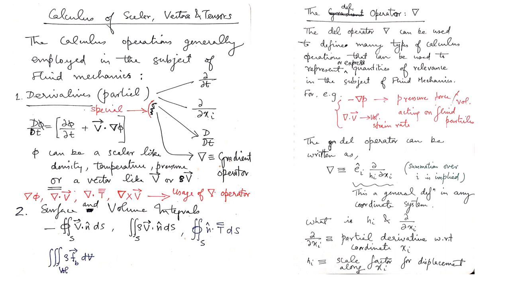So this gives you the body force. All these things will come later when we start developing the basic equations, but this is a little introductory mention here, that's all.